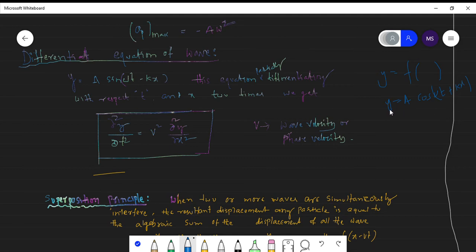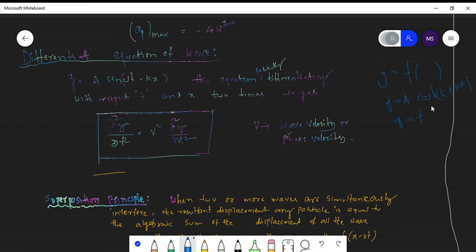If this equation is differentiated two times with respect to t and two times with respect to x, by equating these two equations we can get ∂²y/∂t² equal to v² into ∂²y/∂x². So simply you can get ∂²y/∂t² equal to v² into ∂²y/∂x².